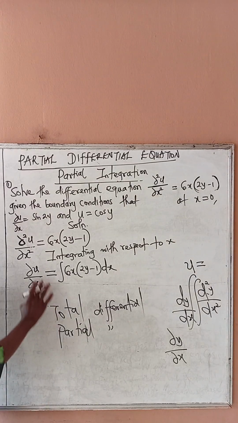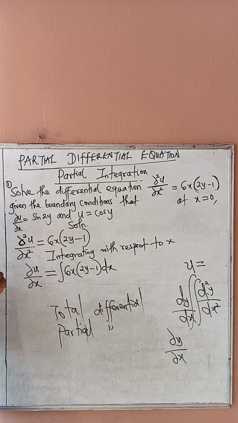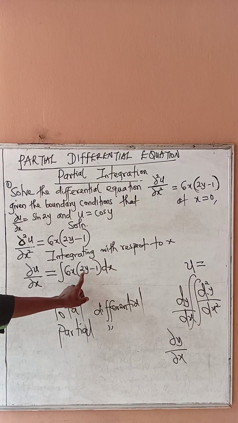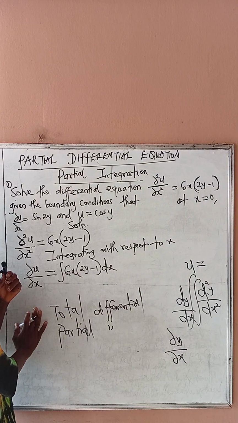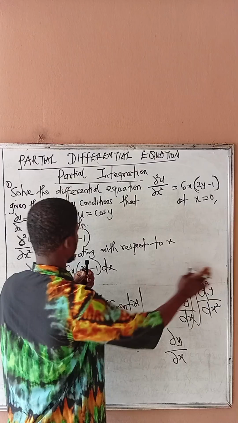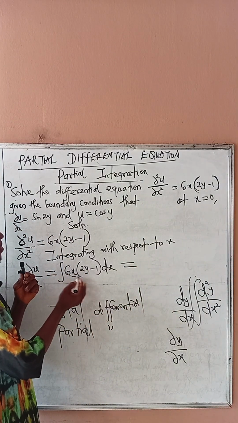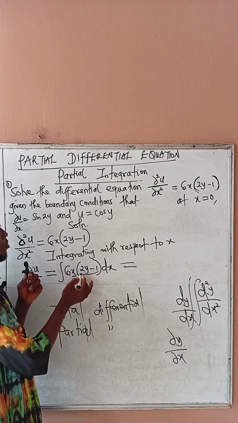Now, this is a function of two variables, x and y, but the integration is with respect to x. That means I will consider y a constant. So all functions of y will be considered constants in this case. This is the function of x here, so every other thing will be considered a constant.